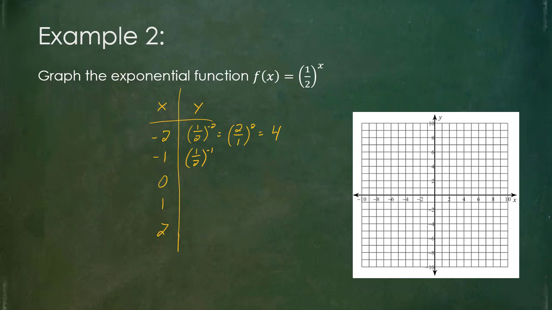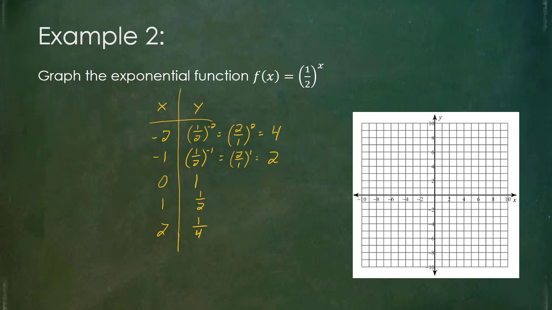So 1/2 to a negative 1 power actually would turn into 2 over 1 to a positive 1 power, which really just equals 2. As before, anything to a power of 0 would equal 1, and then anything to a power of 1 stays the same, so 1/2 to a power of 1 would stay 1/2, and 1/2 squared would be 1/2 times 1/2, which would be 1/4.